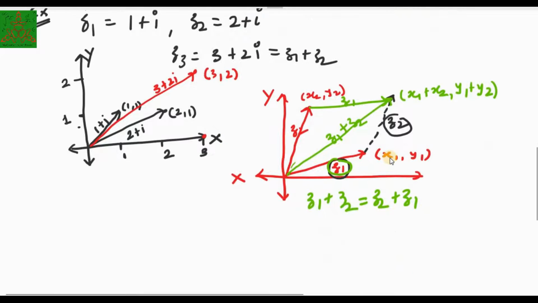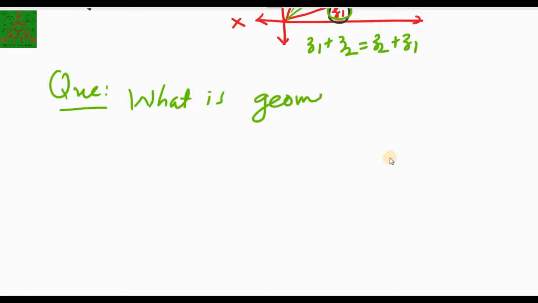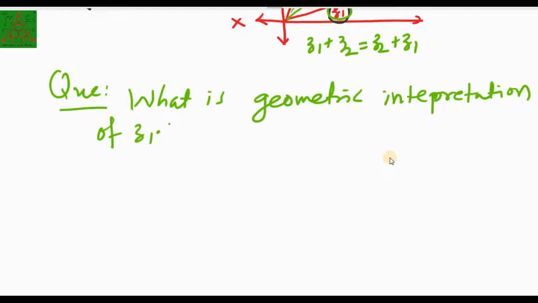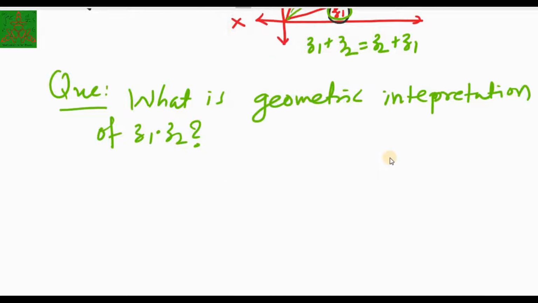After seeing this, one can ask a question: what is the geometrical interpretation of z1 into z2? So what is your answer? Think over it. If you have a geometrical interpretation of z1 plus z2, what will be the geometrical interpretation of z1 into z2?